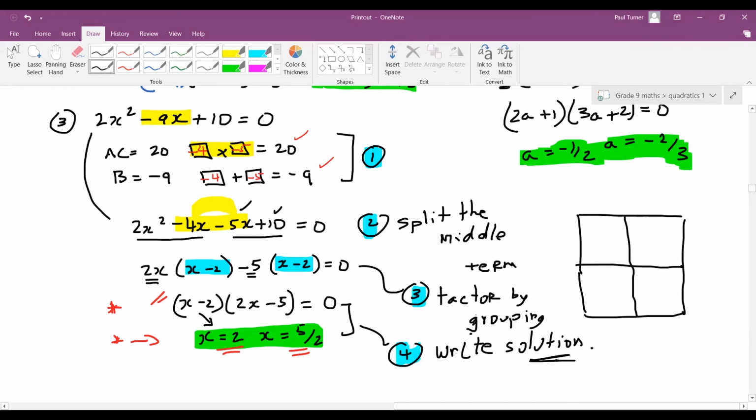We ended up with x plus -2 here and 2x minus 5. I'll write it here. There. So we ended up with 2x squared here. This is one way you can also check. Minus 4x. This is minus 5x. And this is 10.